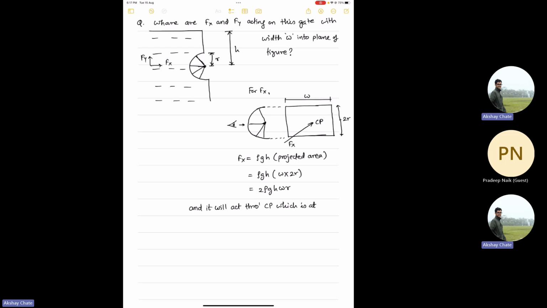One second. Actually, this was not asked in the question, but just for our clarity, I'm confirming this. Because typically in previous problems, the H was given from the top of the plate. Here it is given at the center of the gate. So let me just check once.